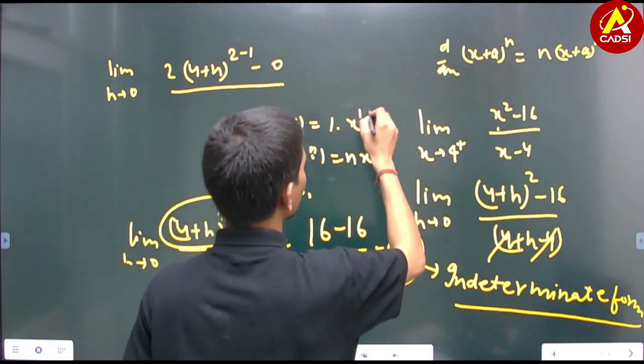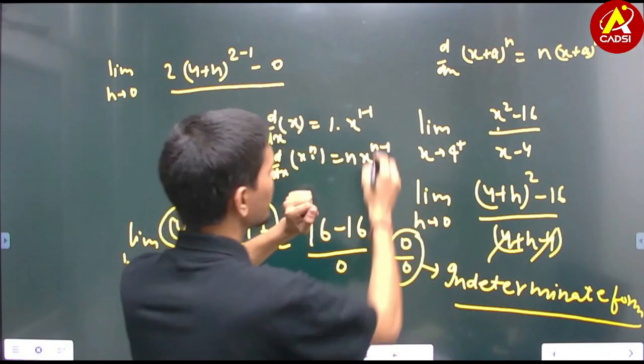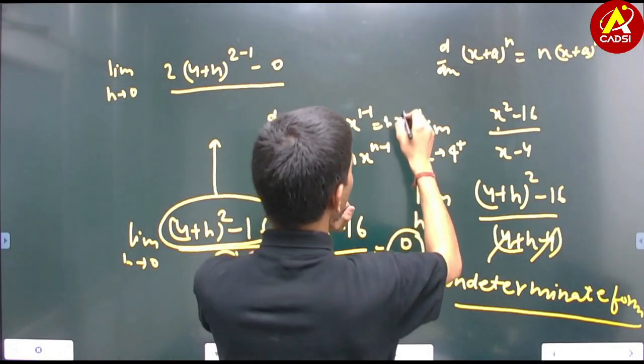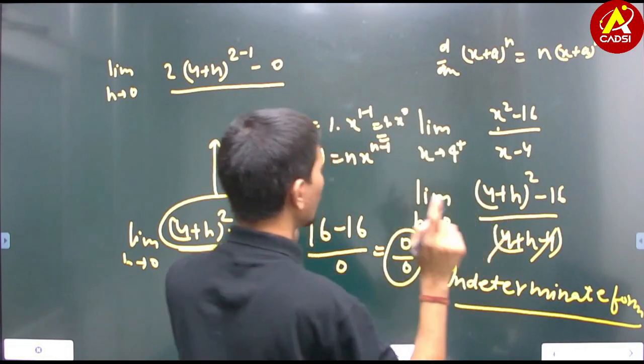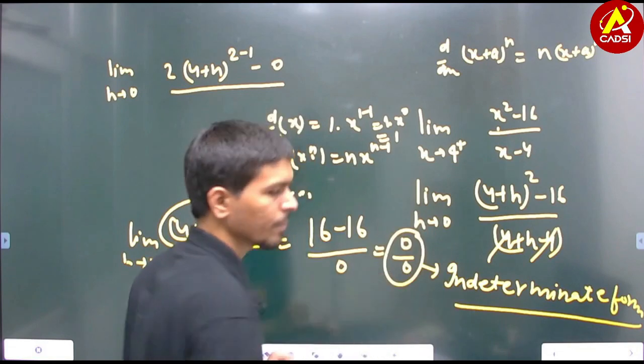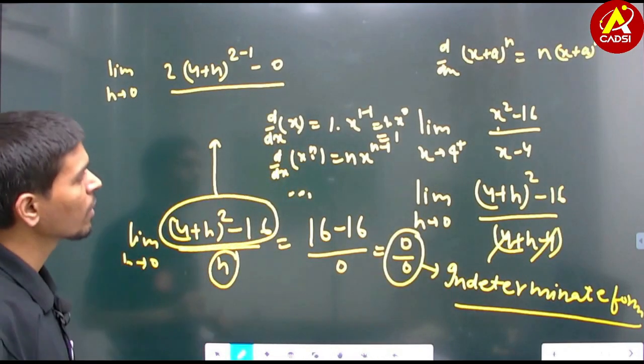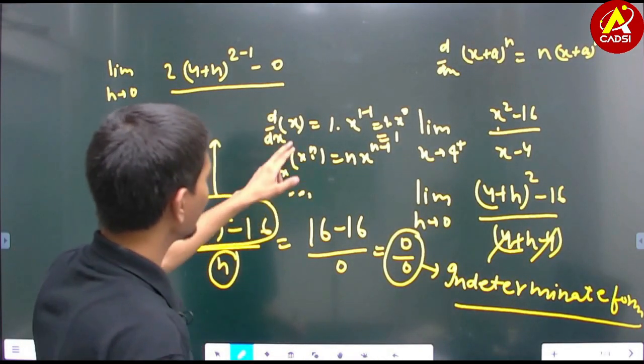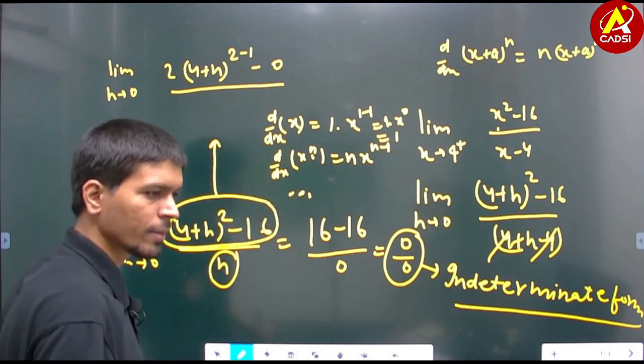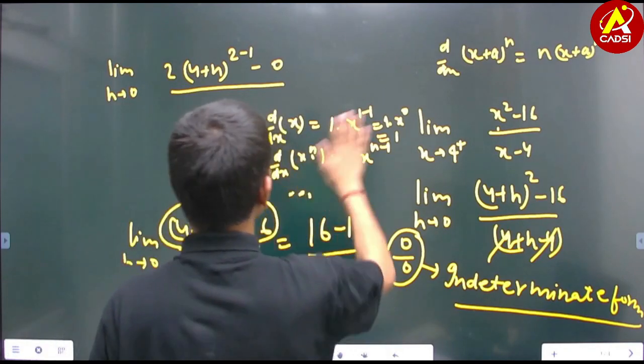So 1 minus 1 gives 1 into x to the power 0, and x to the power 0 is always 1. So we can say the derivative of x is equal to 1.